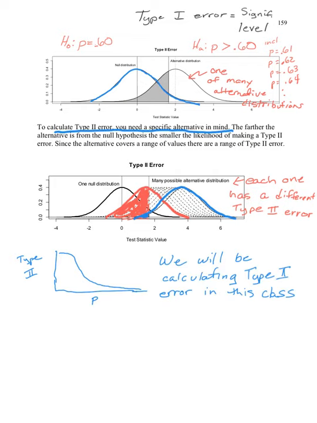So this is a complex thing to calculate, and we will not be calculating type 2 error in this class. But you should know what you know and what you don't know. So there are questions on the homework, and there will be questions on the final that say, what is the type 2 error? And the answer is, you need more information.